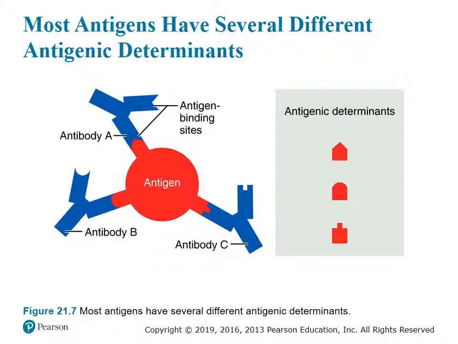Okay, we've got just one antigen here, right? And we've got 1, 2, and 3 determinants, right? These are portions of the surface of the antigen where you're going to have the binding site to an antigen that's completely different, right?